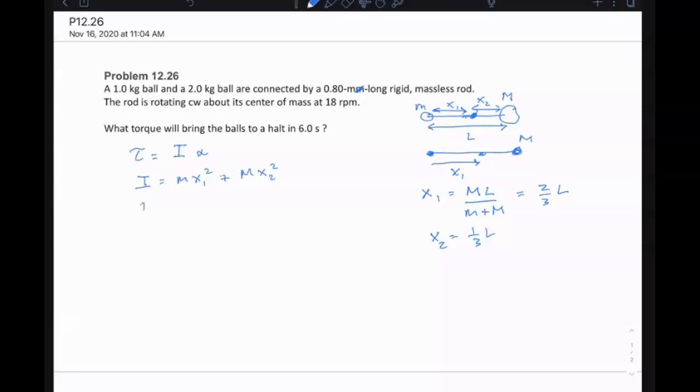I is equal to the smaller mass, which is 1, times x1, which is 2/3 L all squared, plus big M, which is 2 kilograms, times 1/3 L all squared.